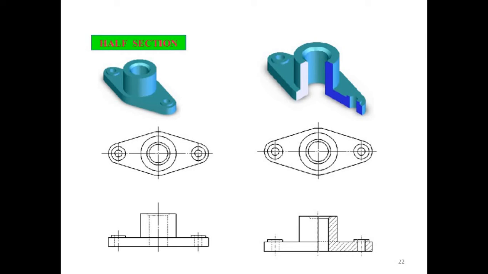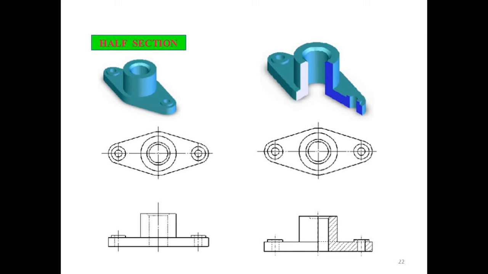In the first, without any sectional view, the orthographic view is drawn, and in the second sketch, with the help of half section, the sectional view is drawn. In case of the first sketch, there is no sectional view. So the observer is looking from the front side.